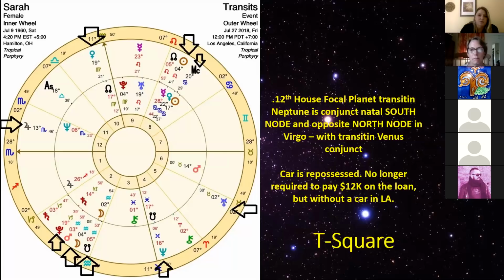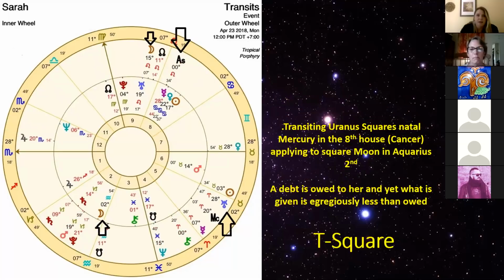So I'm going to quickly go through to finish up here. April 23rd, 2018, this is when the partner had come into some money, and a debt is owed to Sarah because she invested so much money. It was agreed about $100,000 was owed to her, and yet at the time he basically spent it in inappropriate ways.